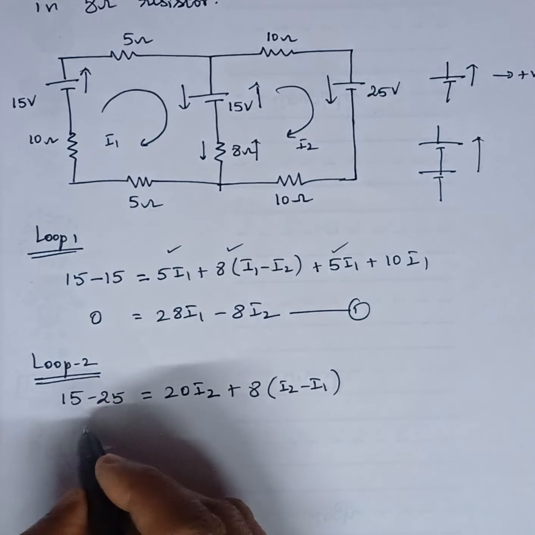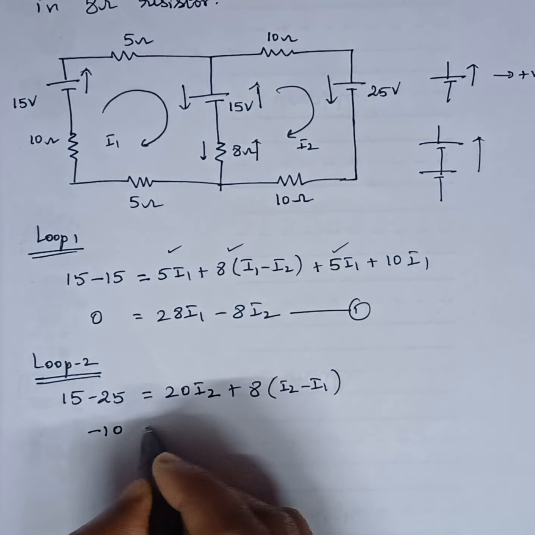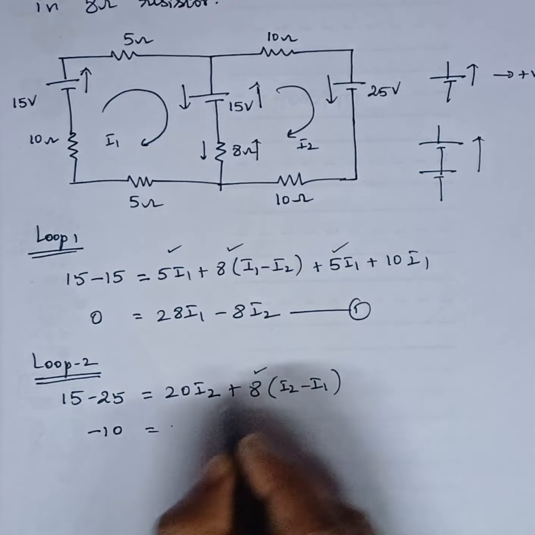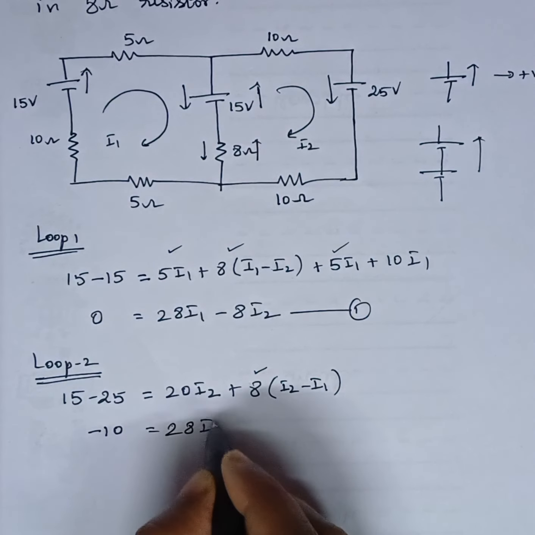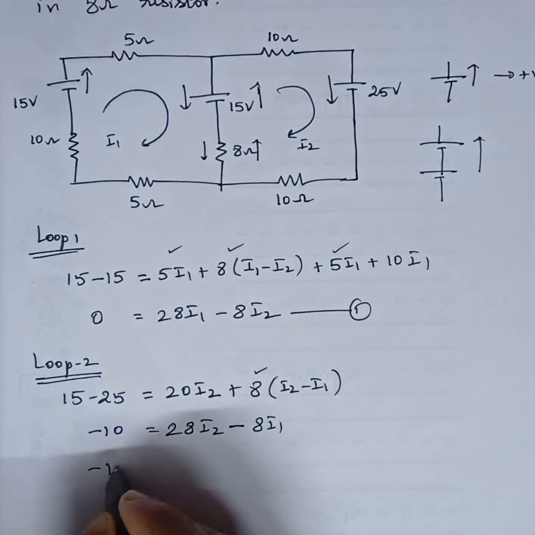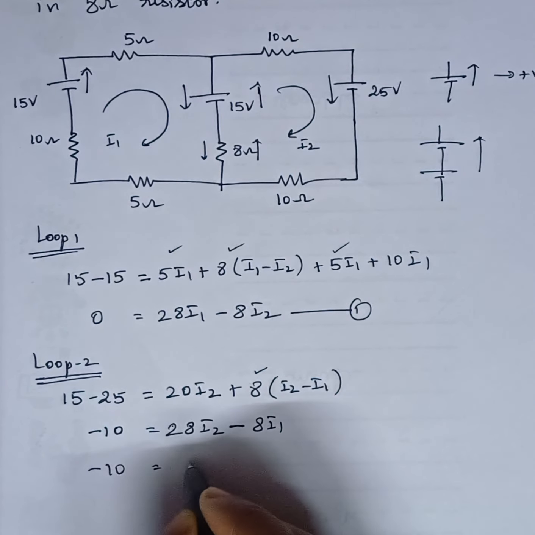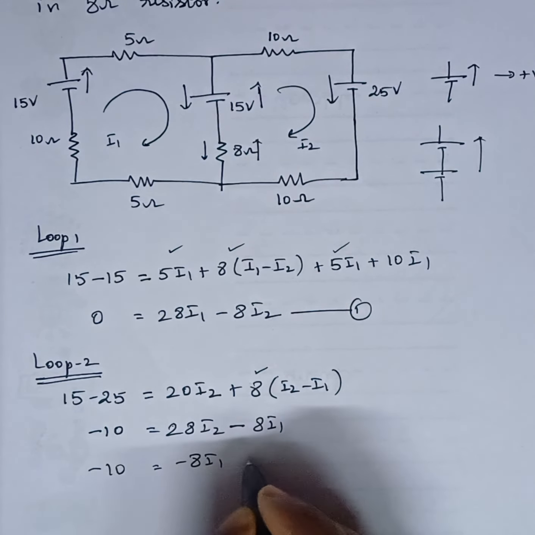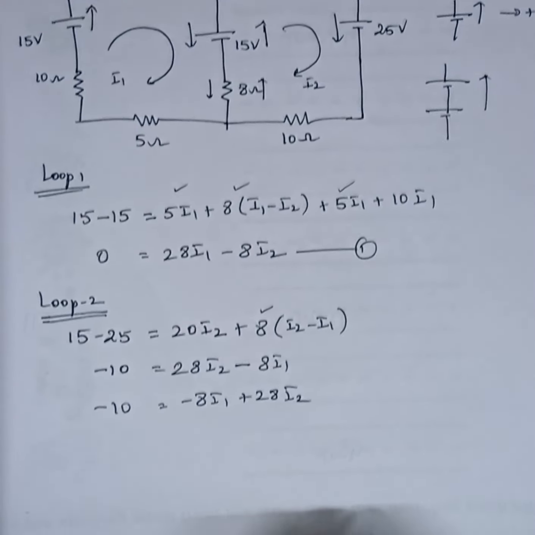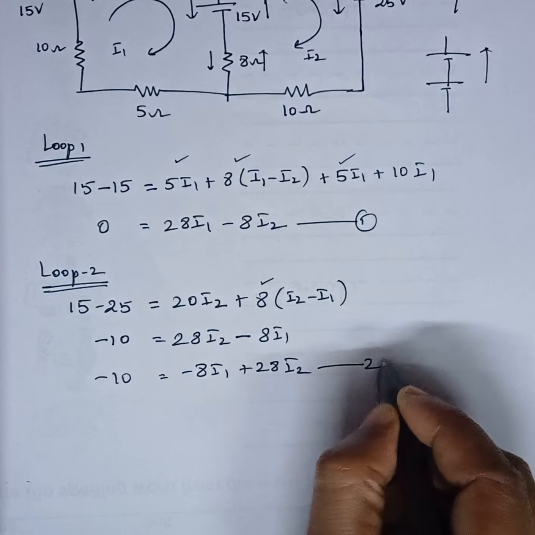Now I expand this. 15 minus 25 is minus 10, equal to 20I2 plus 8, so 28I2 minus 8I1. I rewrite this in terms of I1 and I2, so I get minus 8I1 plus 28I2. Clear? This is my second equation.